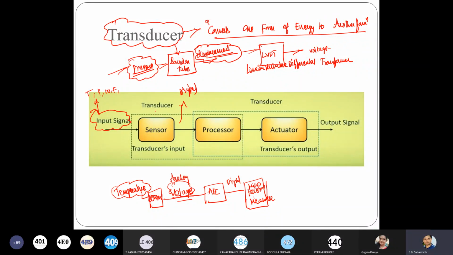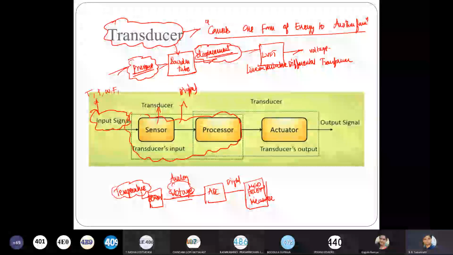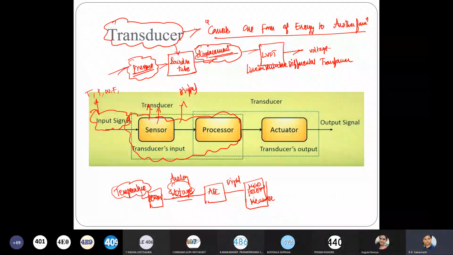In this case, the sensor is a transducer. In IoT, you call sensor plus processor a transducer, and the processor plus actuator is also a transducer.